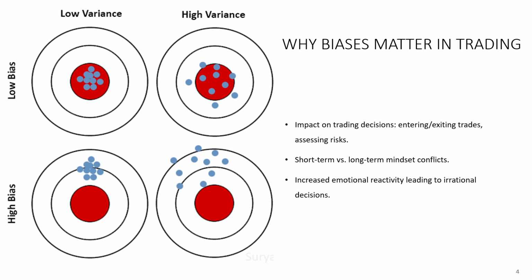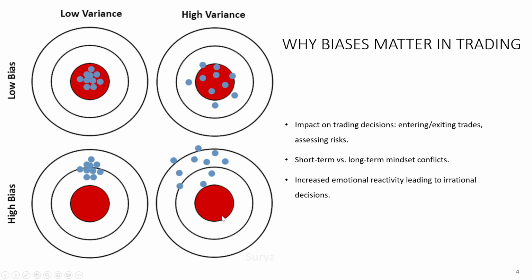So you have short-term versus long-term conflicts. Pretty much what that means is biases also create conflict between short-term impulses and long-term goals. And you have to be very careful with that as well. Now in this picture, what you see is a low bias and a high bias, and a low variance and a high variance.